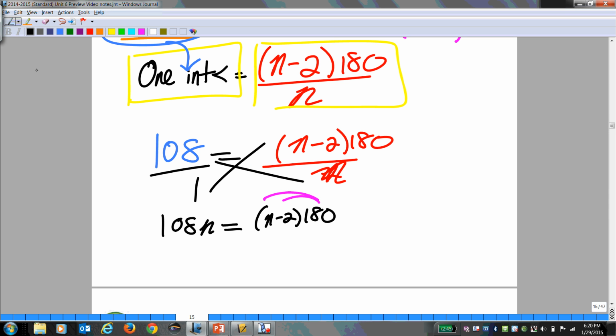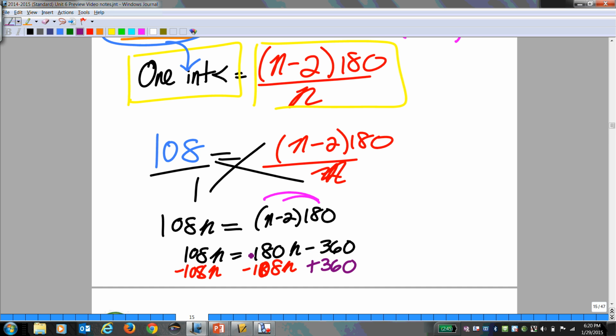Distribute that 180. So from here, I'm going to subtract 108n to get it on the right, and I'm going to add 360 to get it on the left.